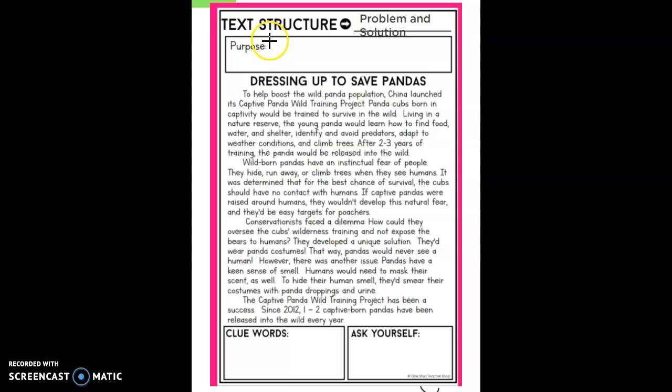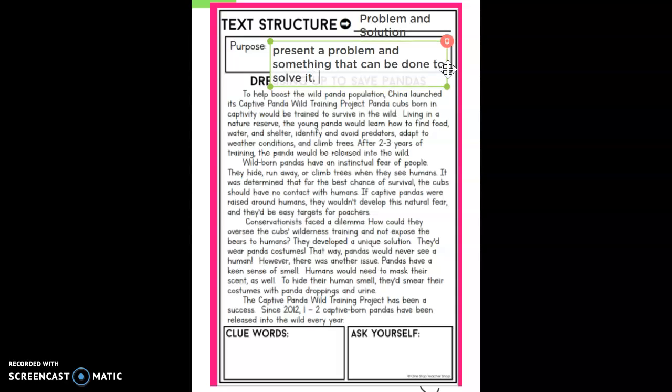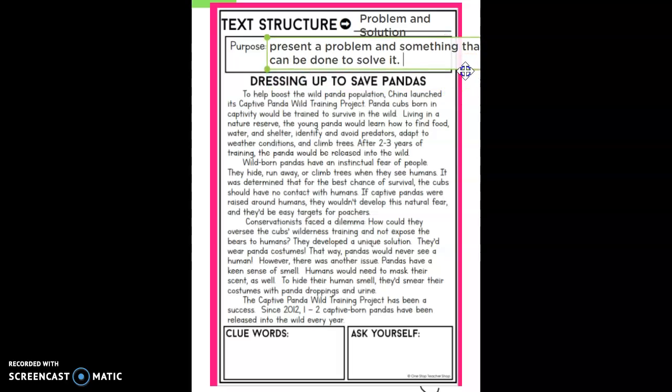And the purpose, the reason an author would write a passage using problem and solution, would be to present a problem and something that can be done to solve it. Remember, solve is another word for fix or correct. Pause the video so you can type that out. Get your highlighting tool ready. And let's go ahead and begin.